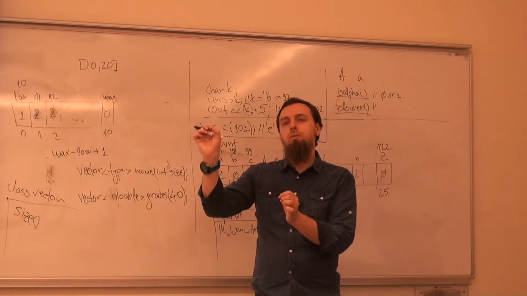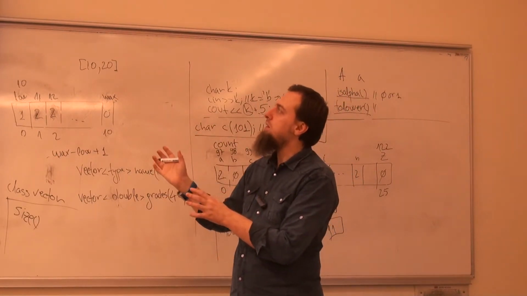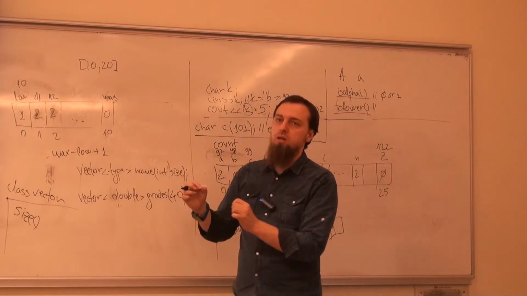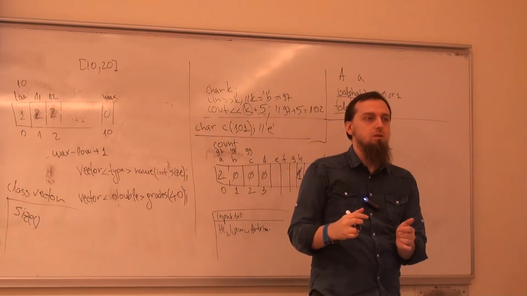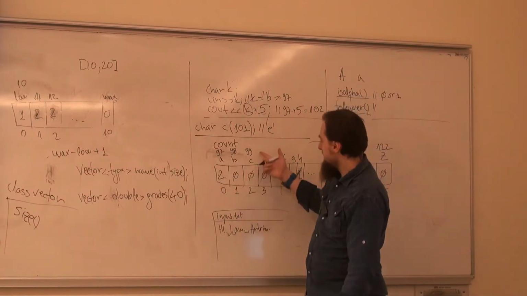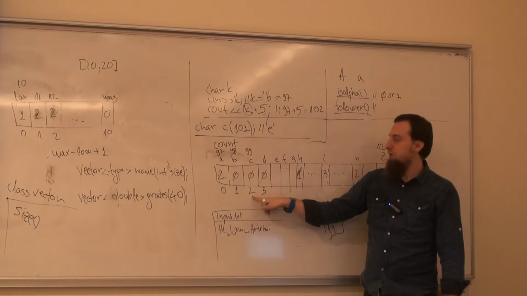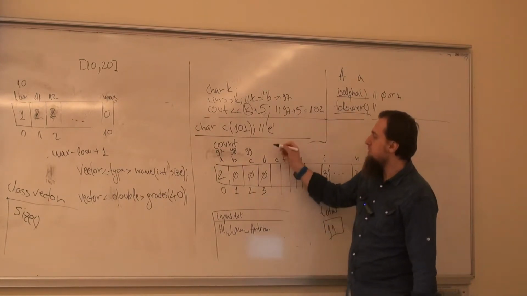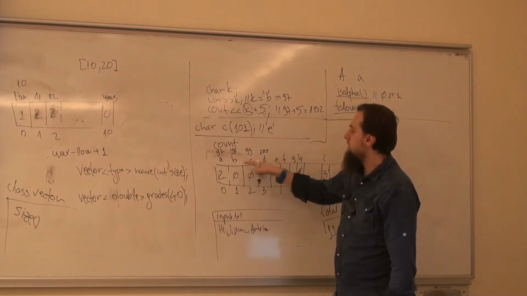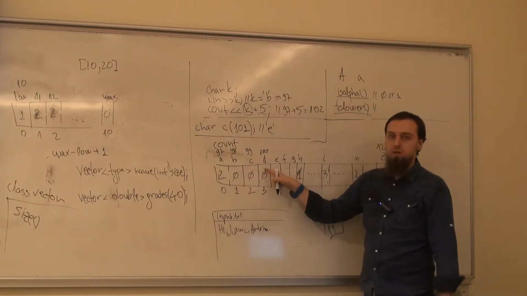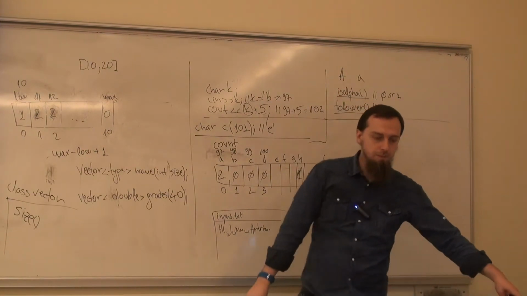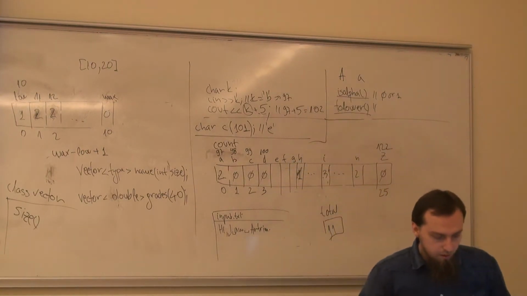When I subtract 97 from it, how much is it going to be? 99 minus 97 is 2. The second index, okay? If, let's say, D occurs, and this is 100, 100 minus 97 is 3, the third index. Okay? That's why we wrote it in that manner.